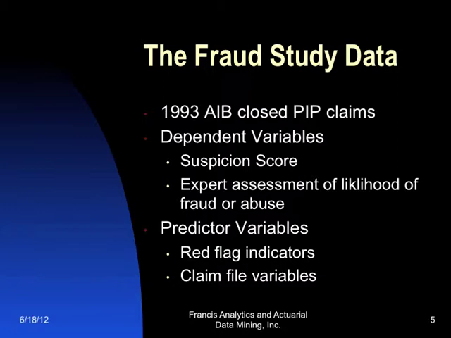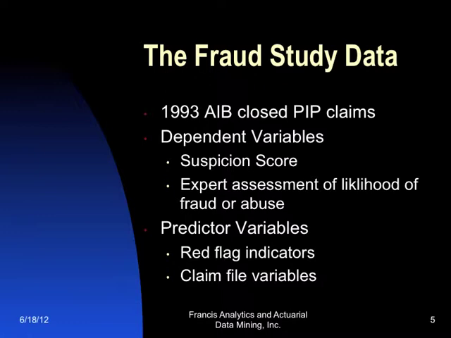Now, what this research study involved was a number of claims experts, including claims adjusters, maybe lawyers and such, who were given the files of a number of claims, and they were asked to rate the claim on a scale of 0 to 10 on how likely they thought it was a fraud or abuse claim.